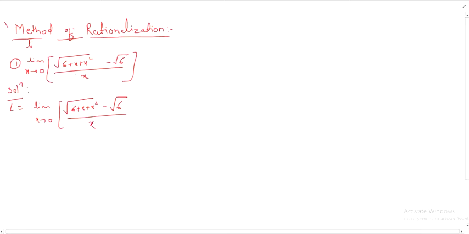Here we have to rationalize, meaning divide and multiply the numerator and denominator by the complex conjugate of this value. Complex conjugate means this is minus, and we multiply by its opposite sign, that is plus.